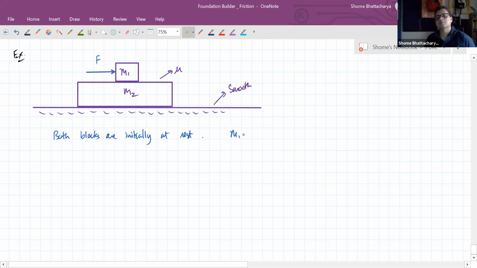This time I'm taking M1 to be equal to 4 kilograms, M2 to be equal to 6 kilograms, and the coefficient of friction to be 0.5.